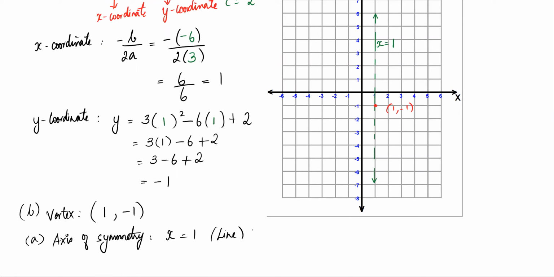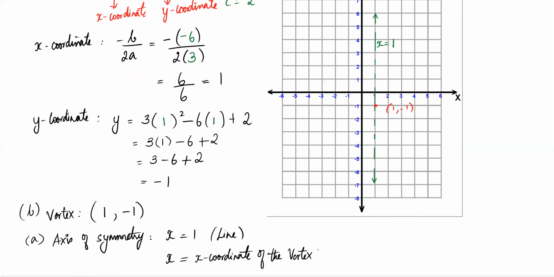What's really cool is your axis of symmetry is always going to be x equals the x coordinate from your vertex, okay? Because that's the only way you can draw a vertical line, isn't it? And it's always going to pass through the x coordinate of the vertex. So for generality, say x equals the x coordinate of the vertex.